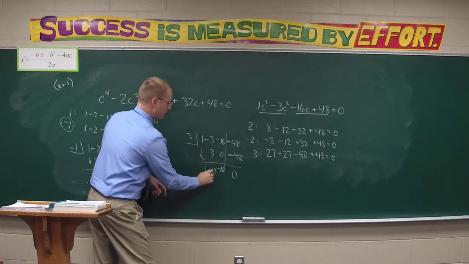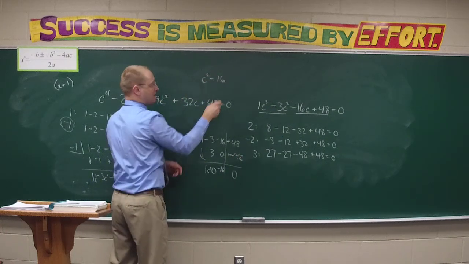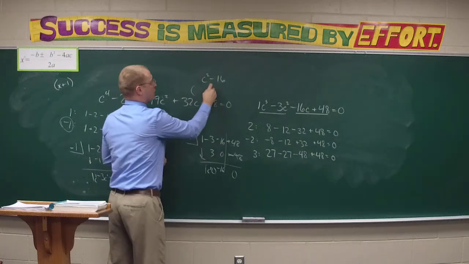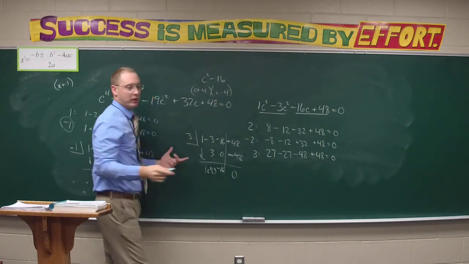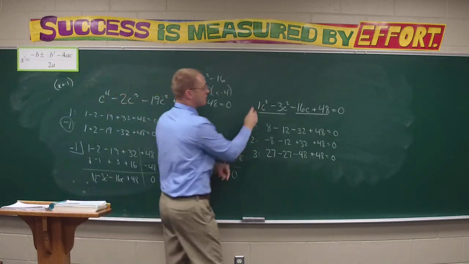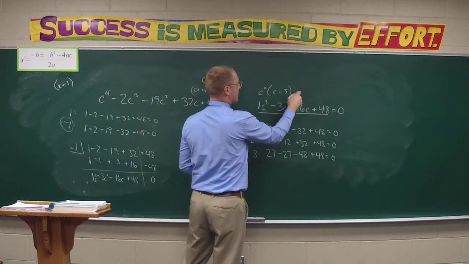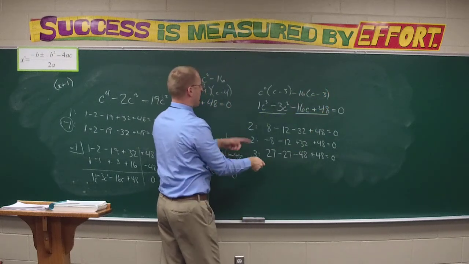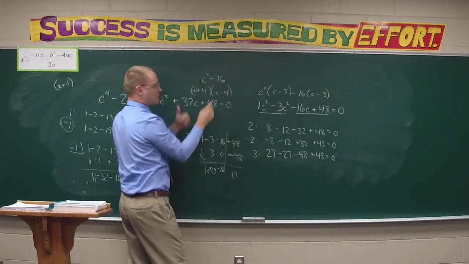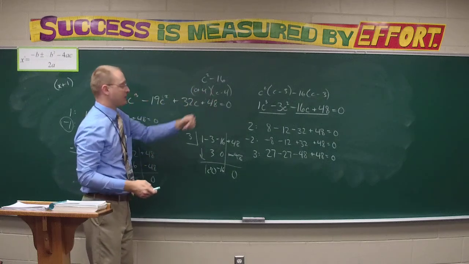And when we plug it in, we end up with a 1c squared negative 16, which could backwards FOIL into C positive 4, C negative 3. And that really didn't take that long, but we could factor this by grouping. C squared, C negative 3, negative 16, C negative 3. And there's our C negative 3 and the C squared negative 16, which becomes C plus 4, C minus 4.